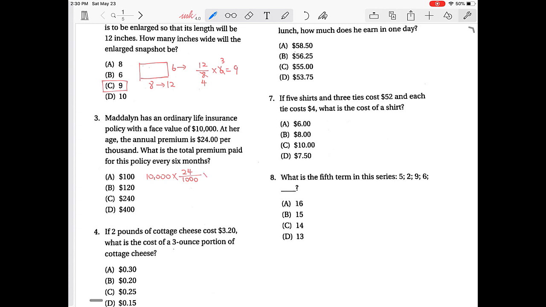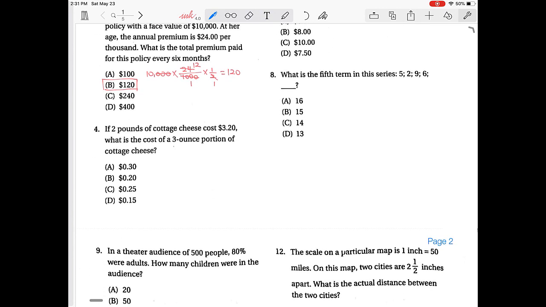So we're going to divide that by 2 or multiply by 1/2. Simplifying the 1,000, this becomes 1 and this becomes 12. We get $120, and that is option Bravo.